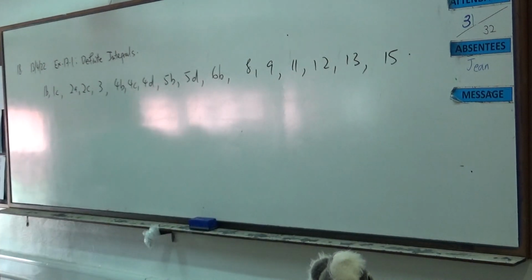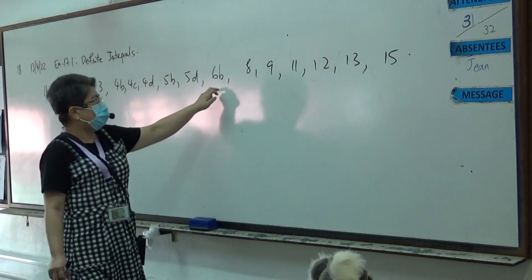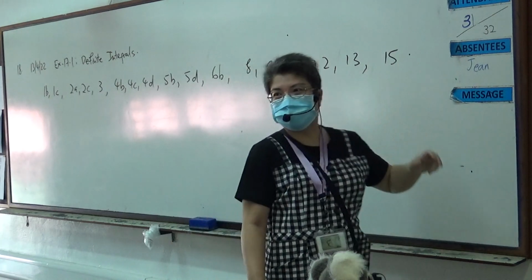No, they do not cry outwardly, okay? 1, 2, 3, 4, 5, 6, 7, 8, 9, 10, 11, 12, 13, 14, 15, 16, 17. Such a good number, 17, right?